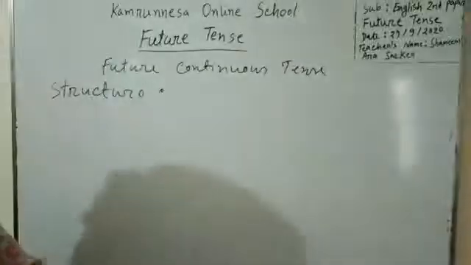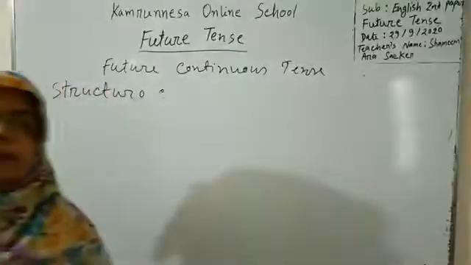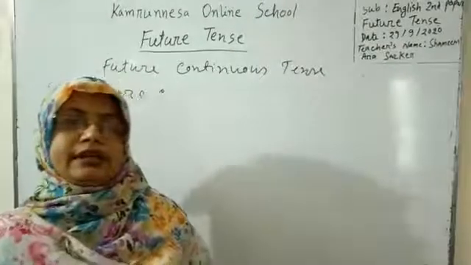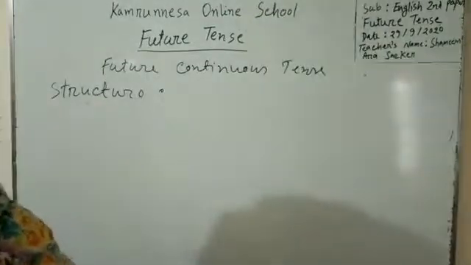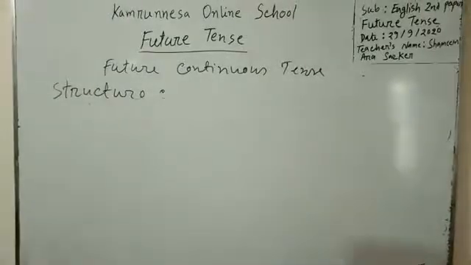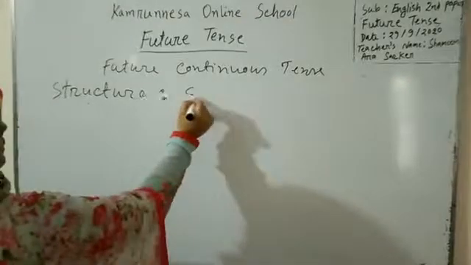Future continuous tense refers to an action which will be in progress for some time in the future. ভবিষ্যতে কোনো কাজ চলতে থাকবে, কিছু সময় চলতে থাকবে, এরকম বোঝালে আমরা future continuous tense ব্যবহার করব. Let us see the structure.